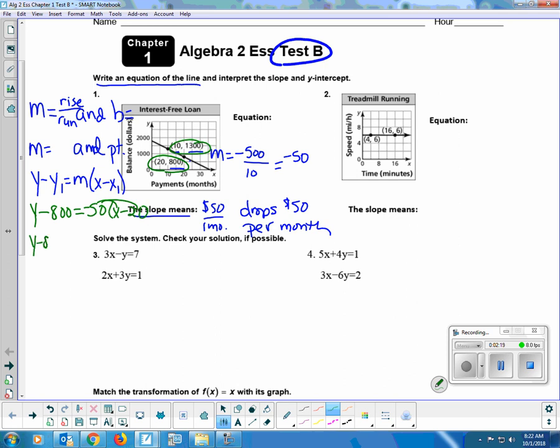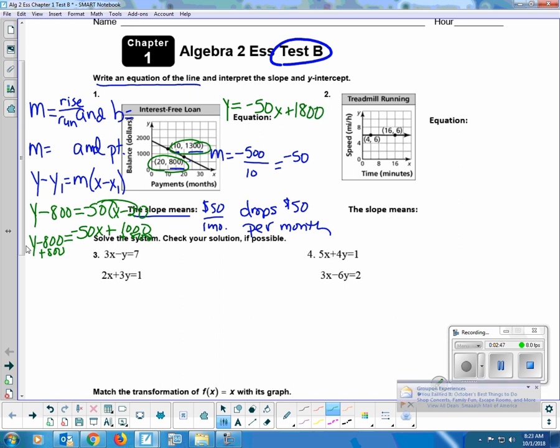Y minus 800 when you distribute equals a negative 50x plus 1,000, I think. Add 800, add 800. Your final equation should be y equals negative 50x plus 1,800.